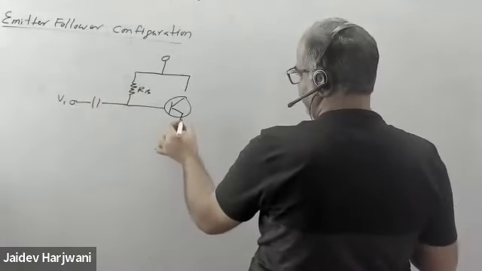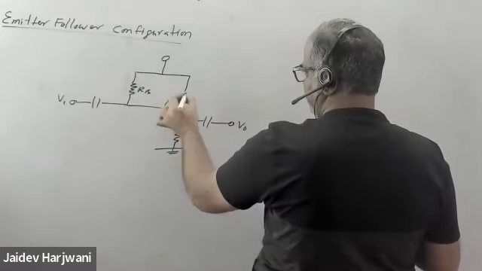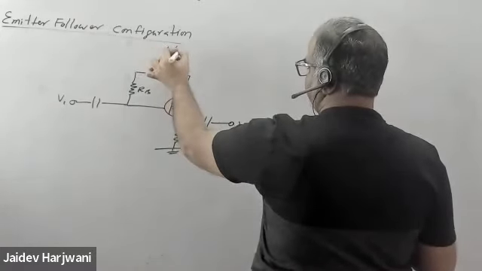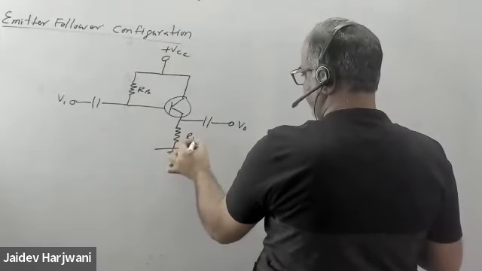Now this time I am taking output at the collector. Okay, this is the major difference between the circuit we have done earlier. So this will change our calculation a little bit.